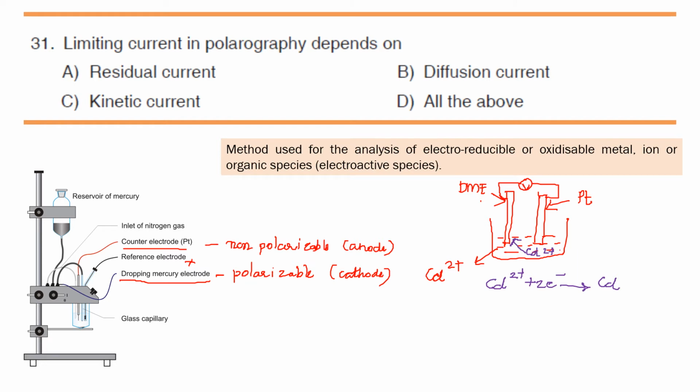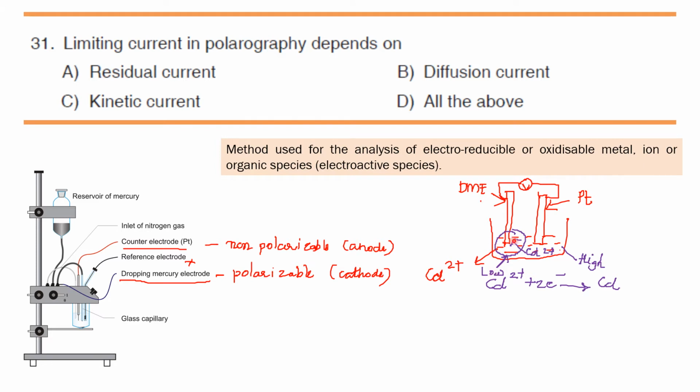When time elapses, you reach a point where the concentration of cadmium ion around the dropping mercury electrode is low, and the concentration of cadmium ion on the side of the non-polarizable electrode is high. Why is this happening?